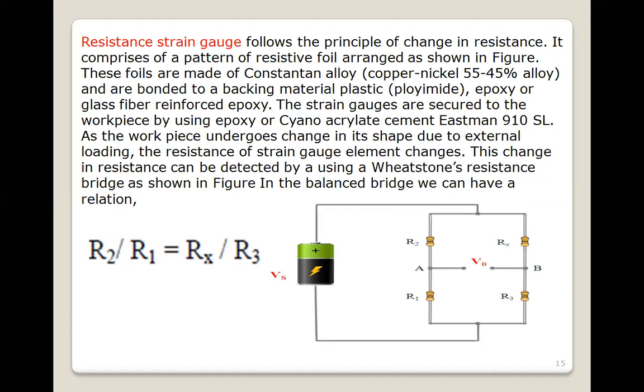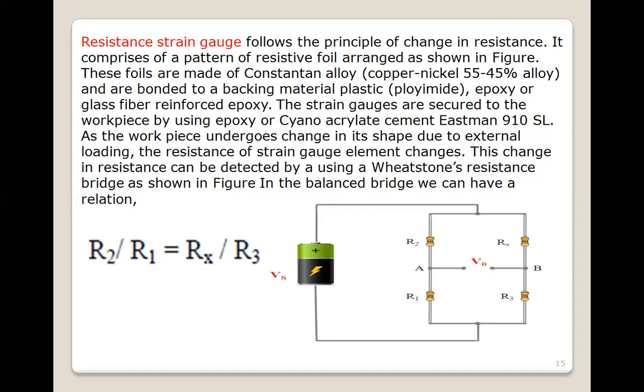Okay, the foil is made of an alloy, that means a mixture of copper and nickel, and is bonded by a backing material, plastic, that means polyimide or epoxy or glass fiber reinforced epoxy. Those are the materials used in the strain gauge.